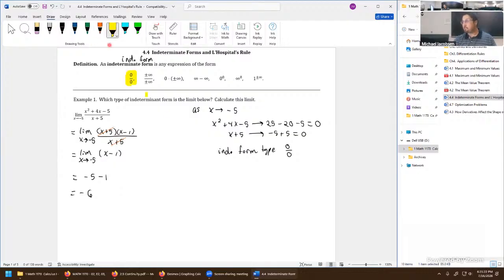So in the weirdest way possible, a 0 over 0, which is what you're looking at if you do the direct substitution, is not infinity, it's not 0, it's not 1. There's a balance to how fast the numerator goes to 0 and how fast the denominator goes to 0. They reach a compromise, and the whole thing is just getting closer and closer to -6.